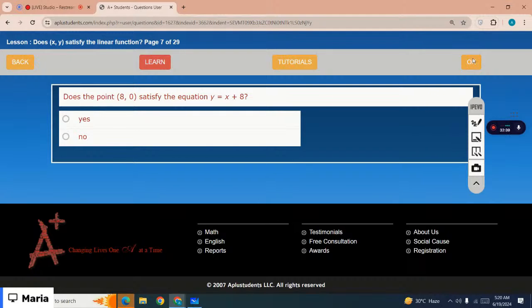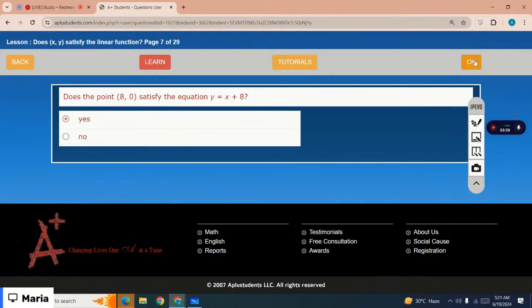Does the point (8, 0) satisfy the equation? Which is the correct option? The correct option is yes.